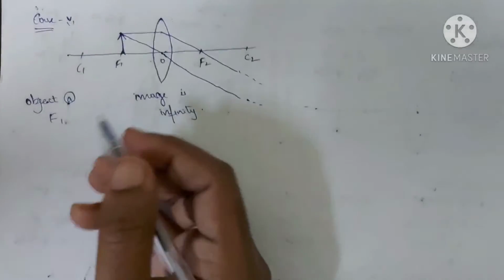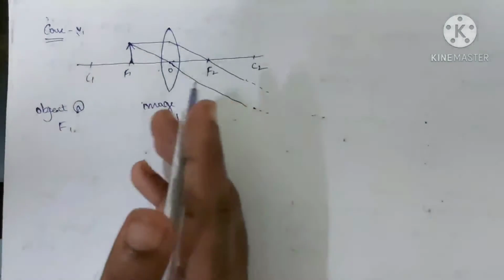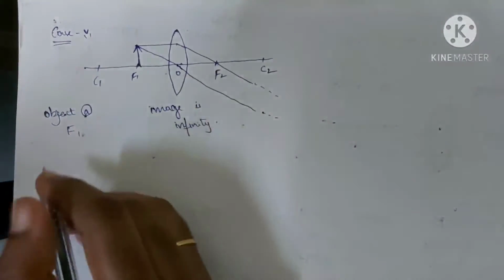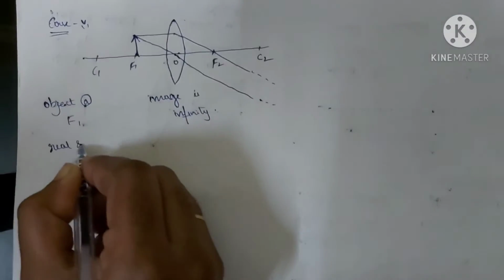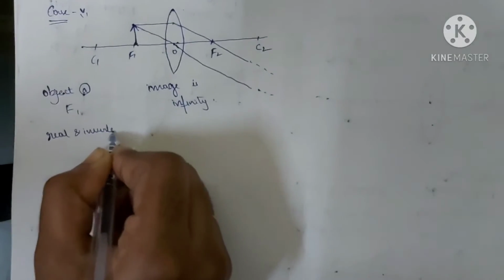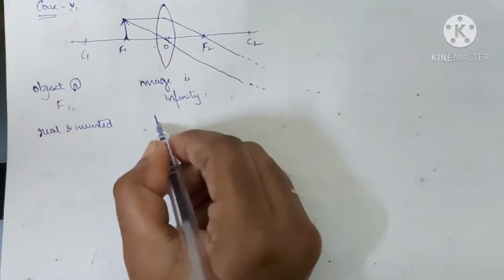Which means you can't see the image using a lens. Here the image will be real and inverted. What will be the size? Highly enlarged.